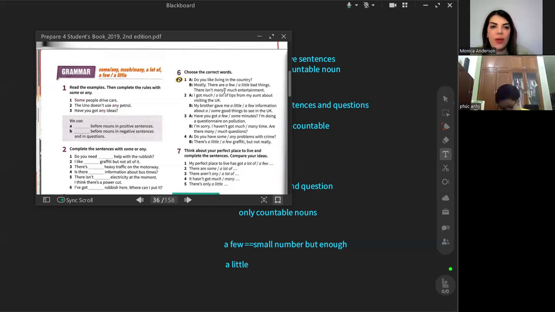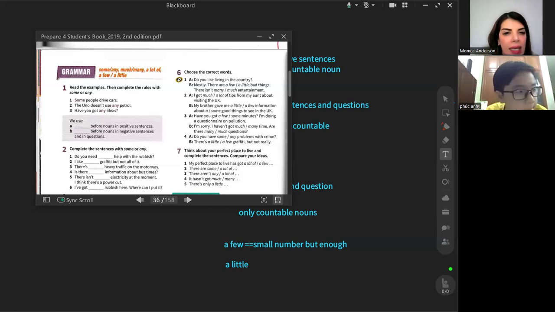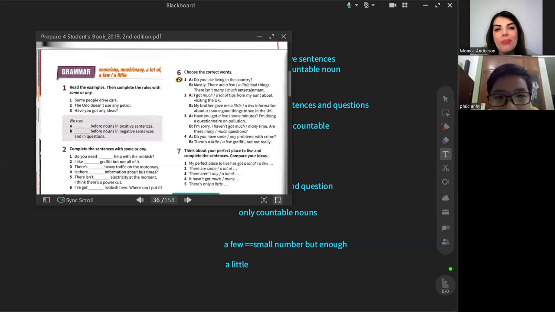So we have a few because they're talking about something countable. Number two, I got a lot of tips from my aunt. But we have the second part of number one. There isn't much or many entertainment, so we left this word.